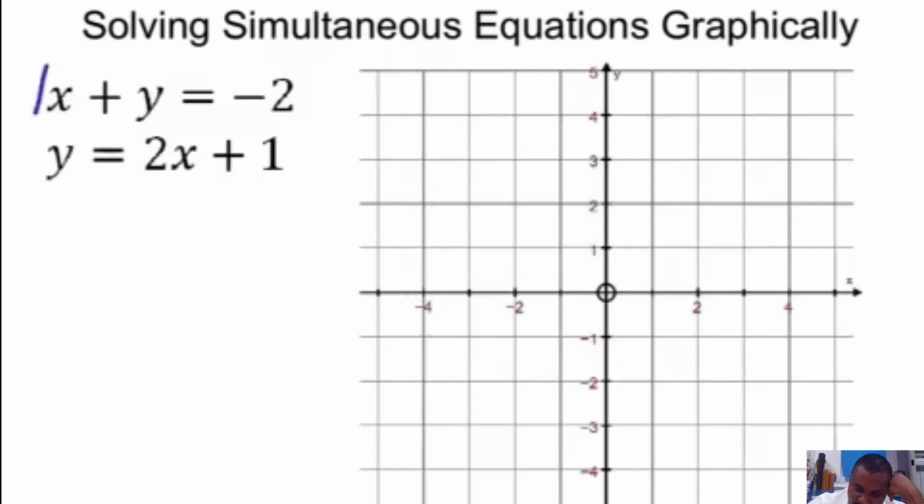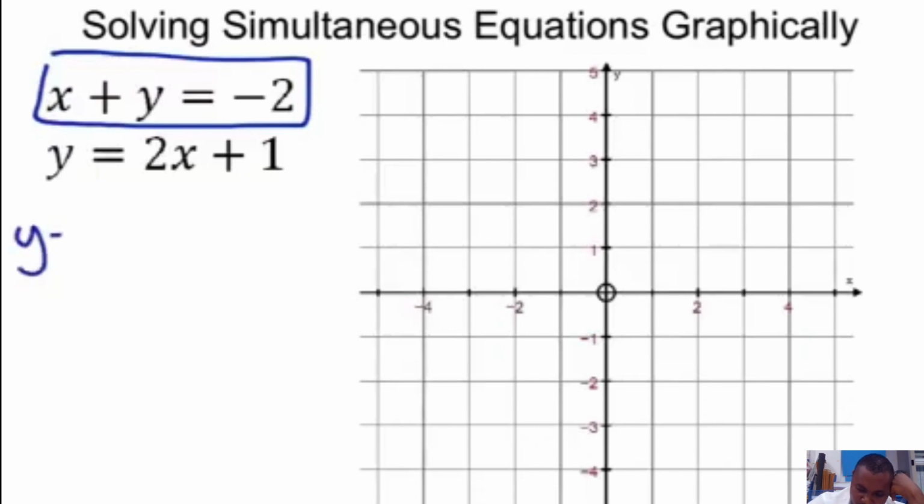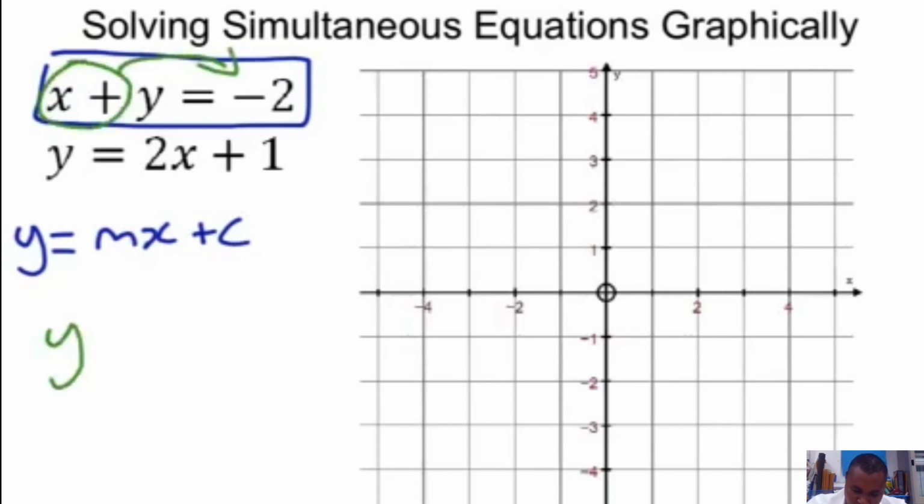This time we're going to start with the first one, x plus y equals minus 2. Again, to have it in the form y equals mx plus c, we're going to have to do a little bit of rearranging. And we're going to take away the x because we want it on the other side. So we get y equals minus x minus 2.